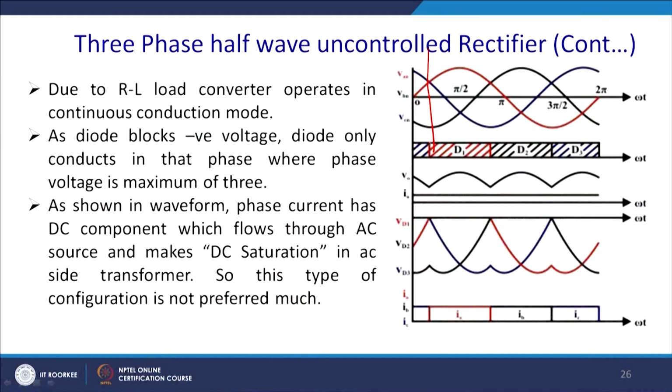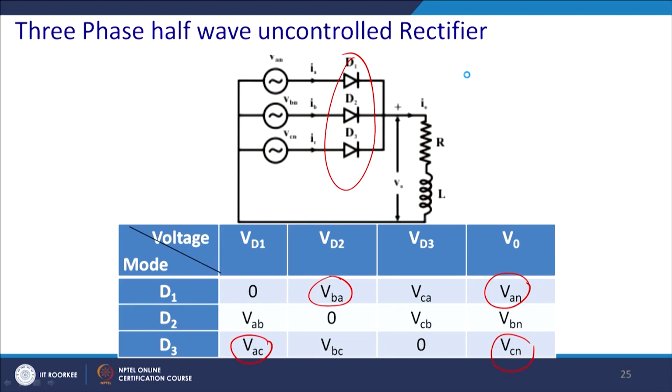You can see that till this region, that means pi by 6 to 150 degrees, the most positive phase is VAN. So, definitely this will conduct for pi by 6 to 150 degrees.